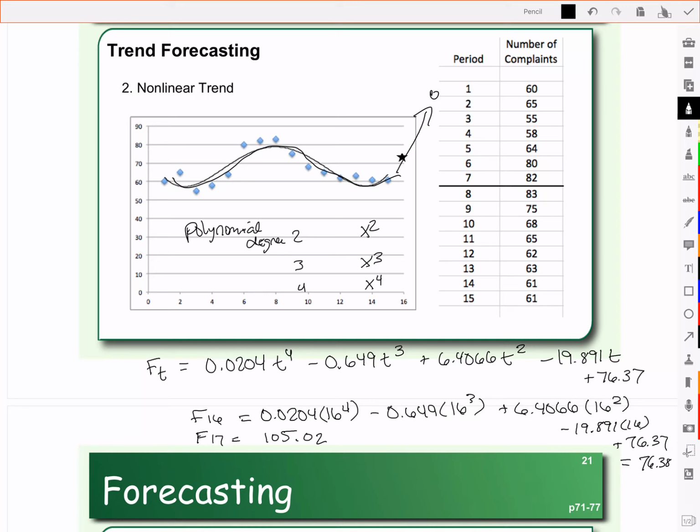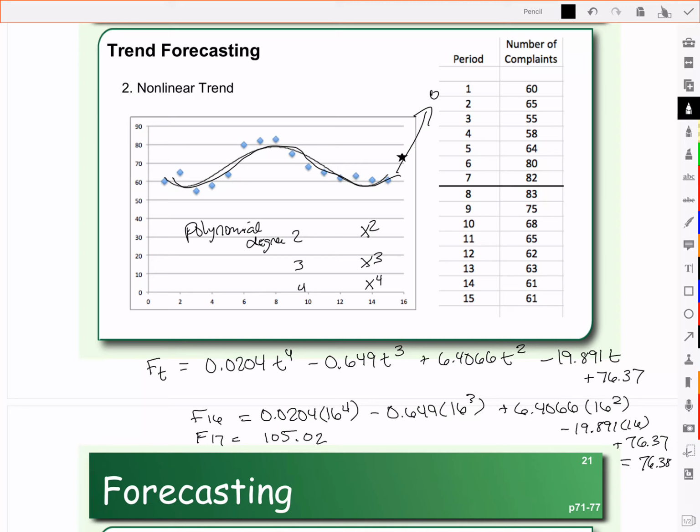Well, you have to ask yourself whether this makes sense. So just because the pattern that you found fit very nicely with periods 1 through 15, does the forecast that it's giving you for the future make sense? Because it's essentially saying that the complaints are going to go up drastically.